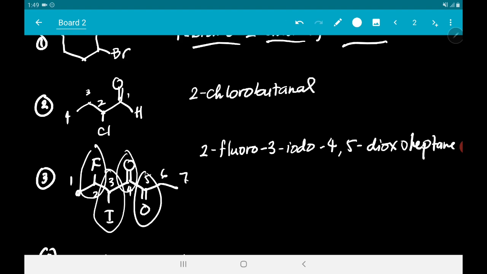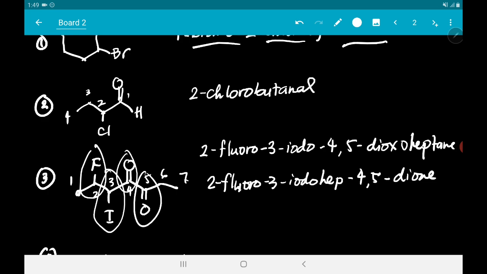Okay, we can also use the new system because we have the ketones. So 2-fluoro, 3-iodo, heptane-4,5-dione.